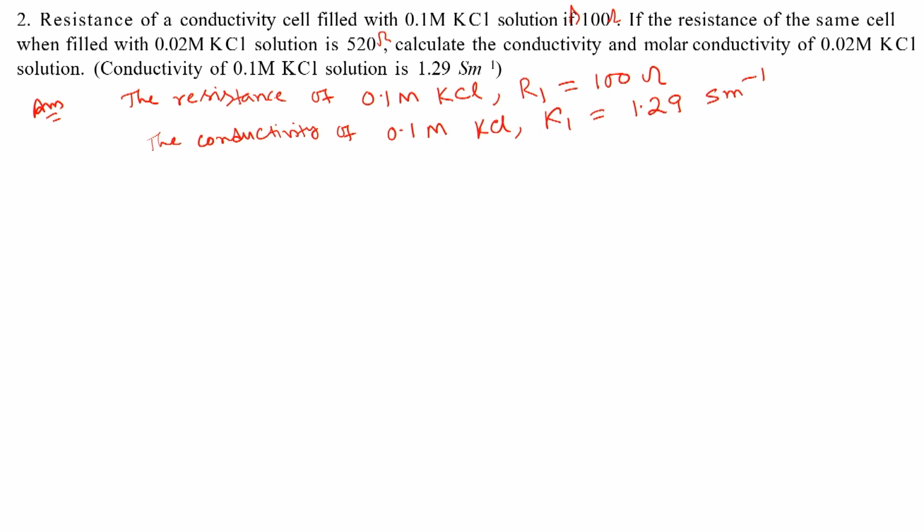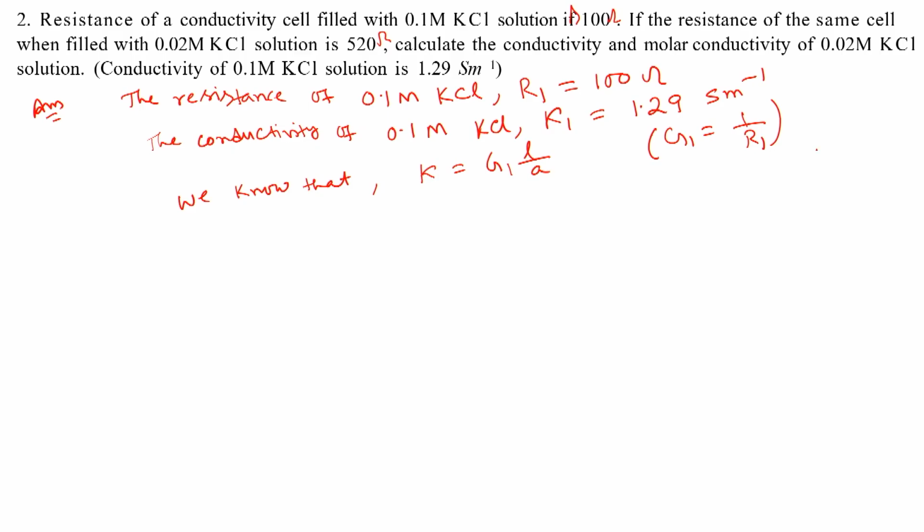Okay. So, we know that kappa is G times L by A, or we can write G1 here. So, G1 is 1 by R1, right. So, the resistance of 0.1 molar KCl we consider R1.